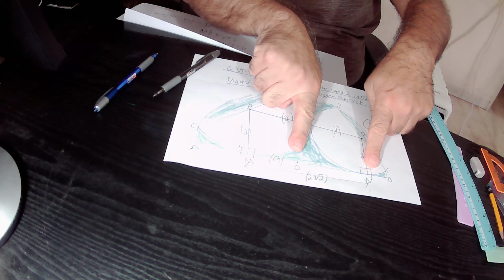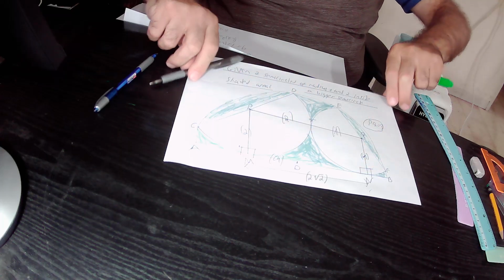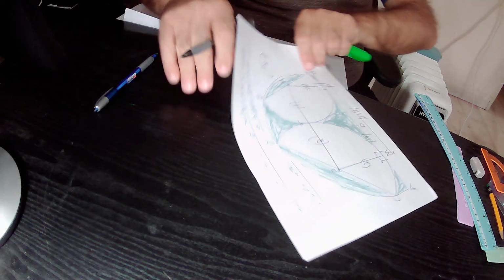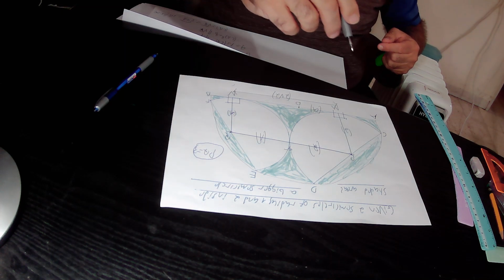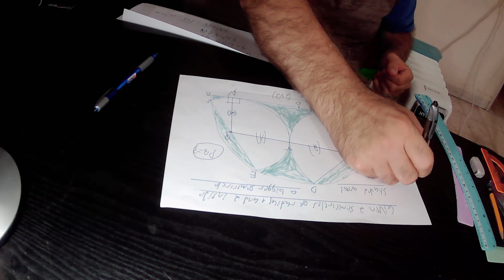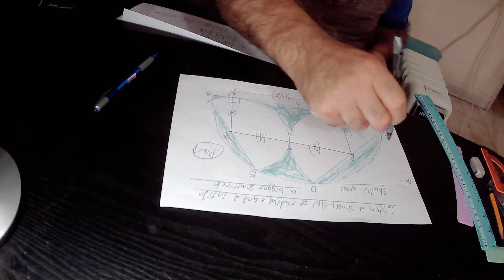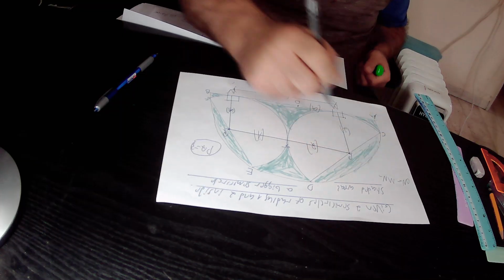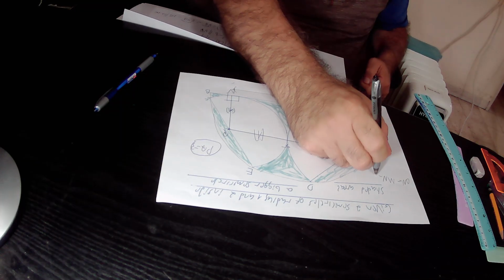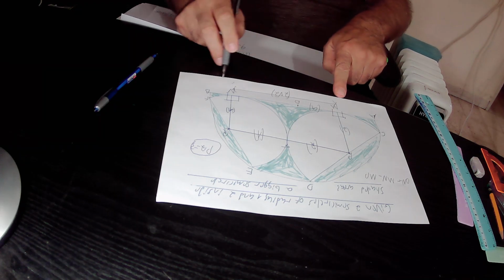So write it down: ON equals MN minus MO.